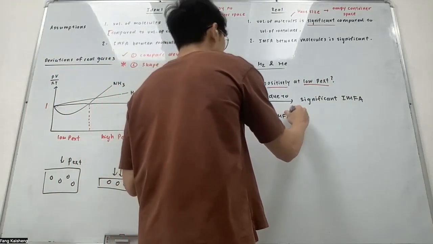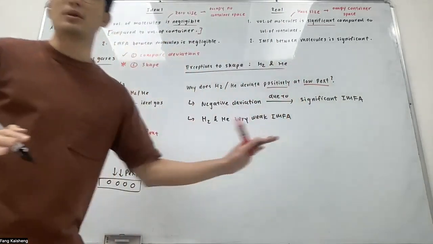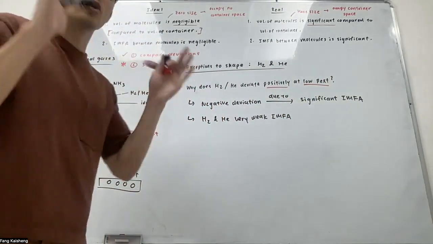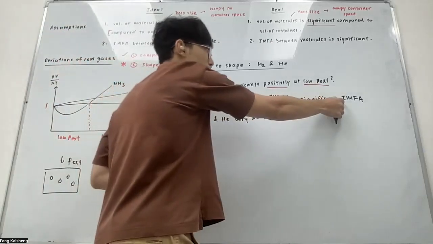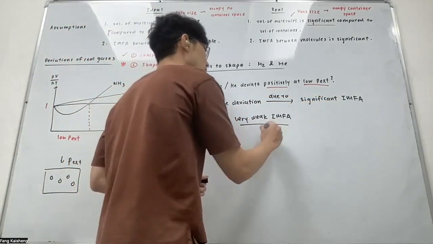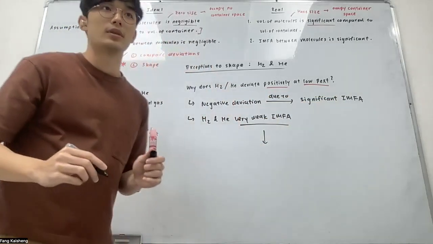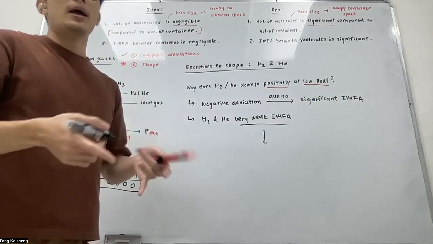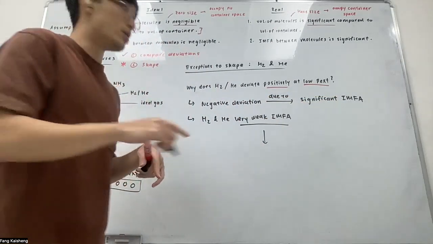Small electron cloud size, all that. The fundamental idea is that their intermolecular force is so weak. So, logic here: significant intermolecular force deviates negatively. So if very weak intermolecular force, it means deviate positively. Can see why?